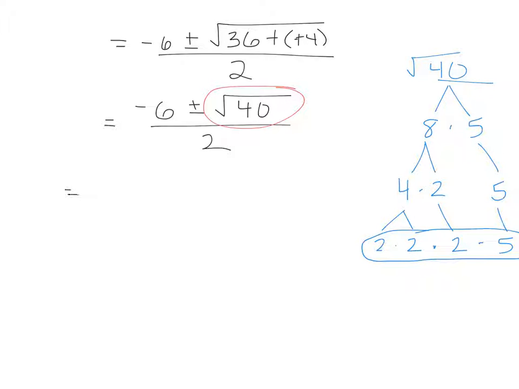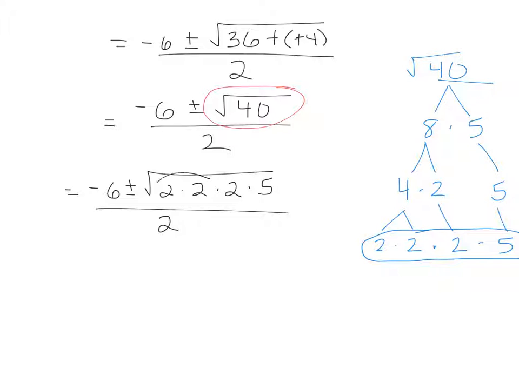So in my problem, I now have negative 6 plus or minus the square root of 2 times 2 times 2 times 5. It doesn't change the problem, I'm just breaking it down so I can simplify the square root. So I'm still looking at the values underneath the square root and I want to simplify it. The square root tells me to take out pairs of a kind.